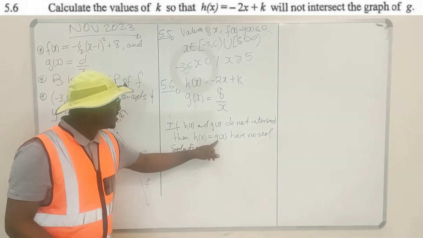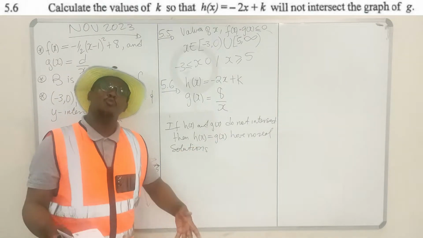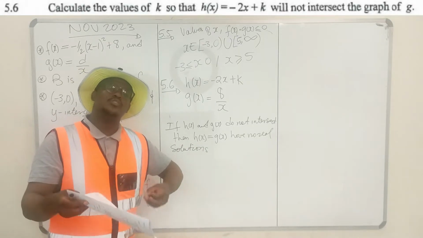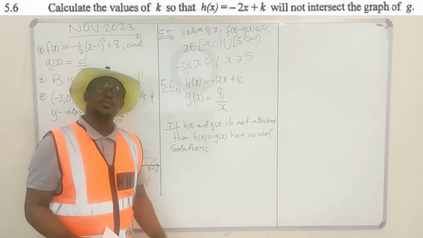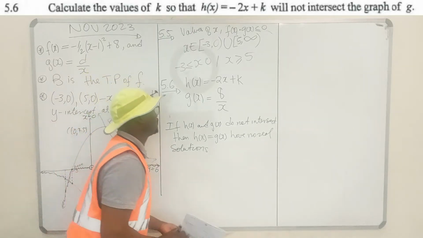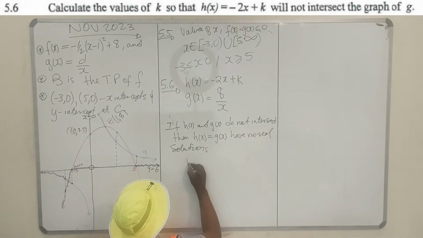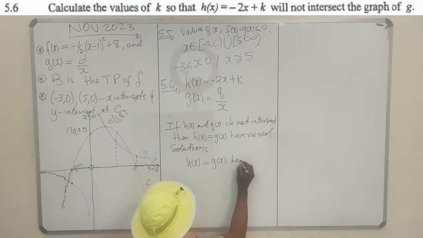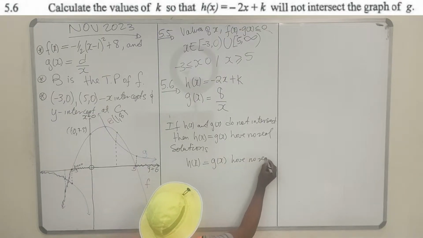So let's equate these two, knowing that they will not intersect, and investigate what conditions are needed such that they do not intersect. We know that h of x equal to g of x has no real solutions.